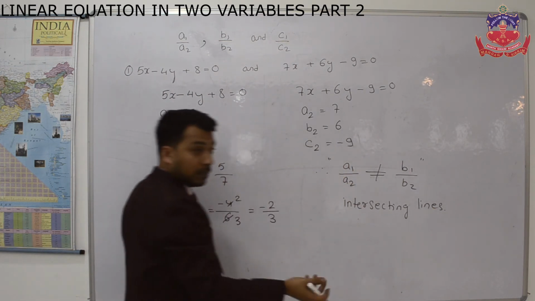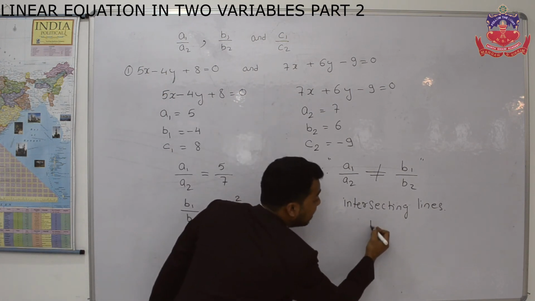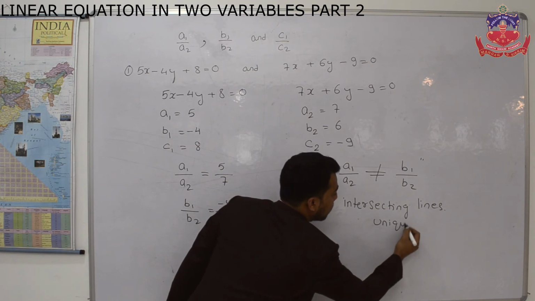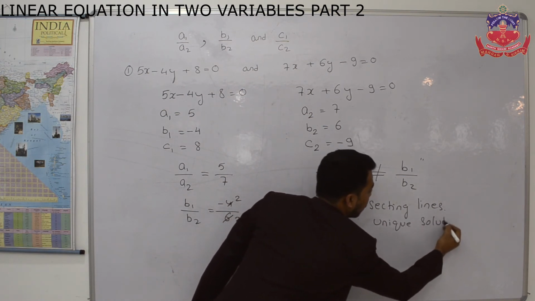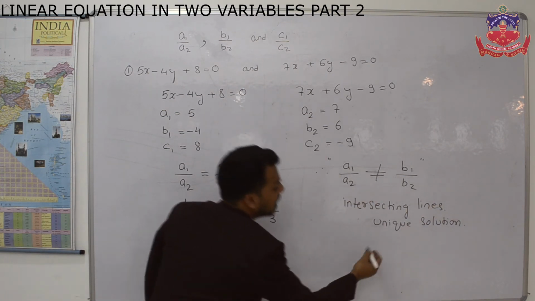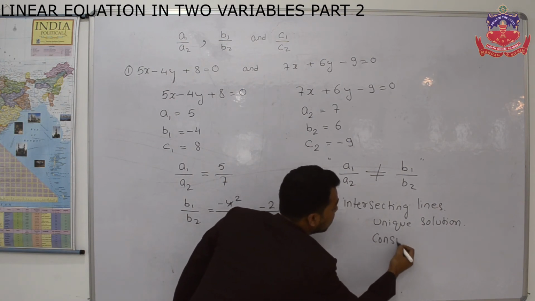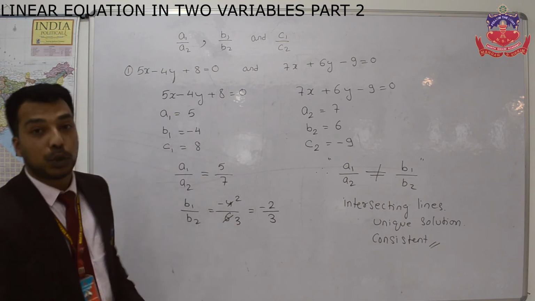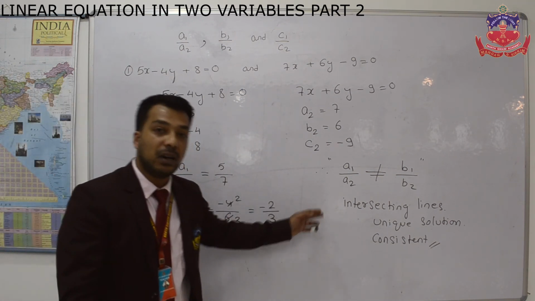Sometimes in some questions we can also write it as unique solution, and sometimes it can also be written as consistent. So this is how you can compare the ratios and determine if it is intersecting or not.